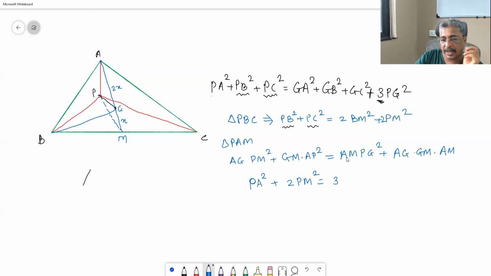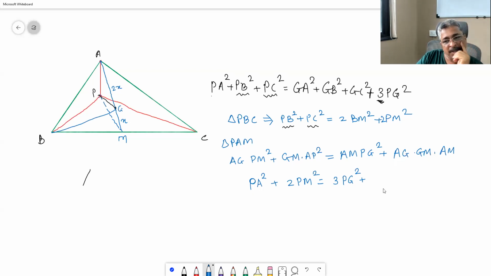You pay proper attention. AM upon GM is 3 into PG square plus AG upon AG into GM upon AM, out of which GM is cancelled. Therefore we have AG into AM.